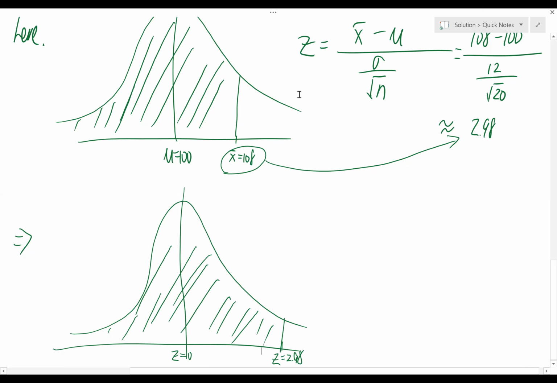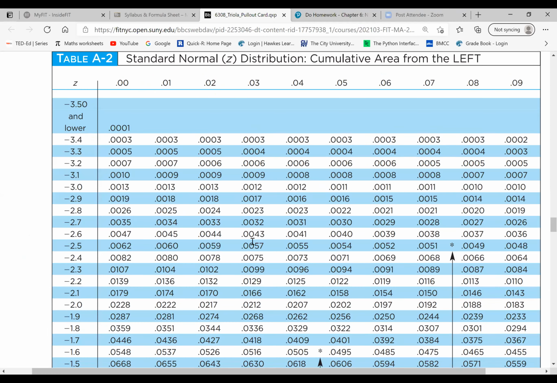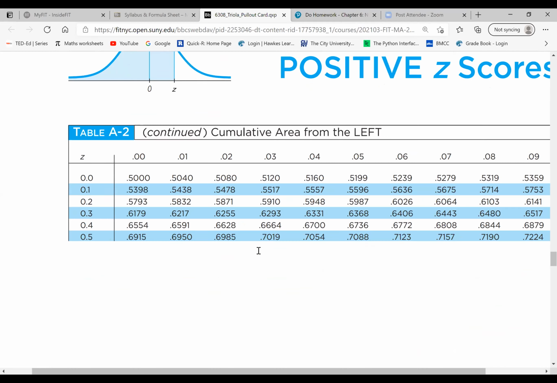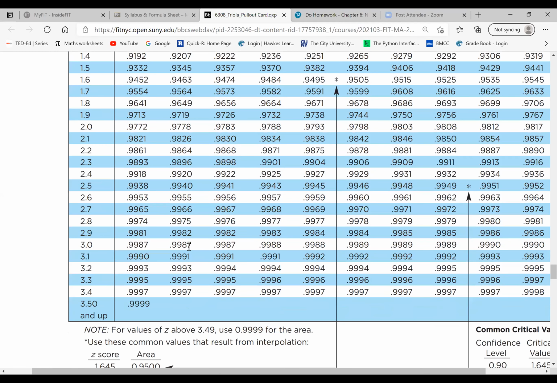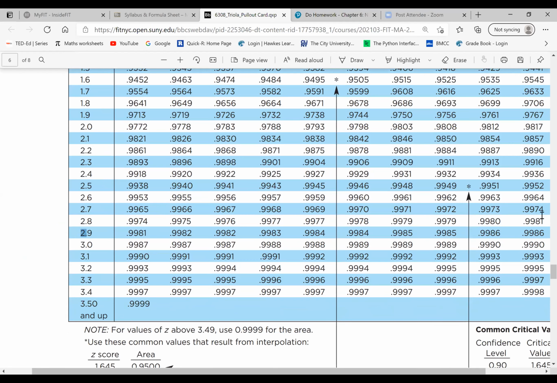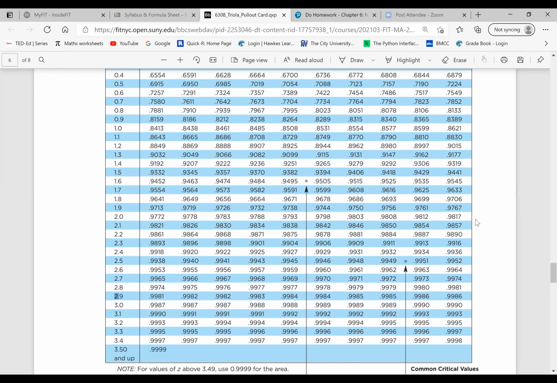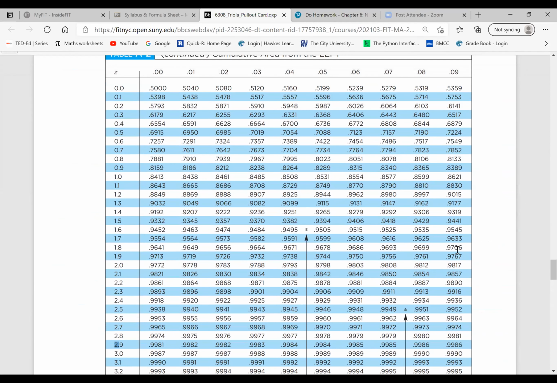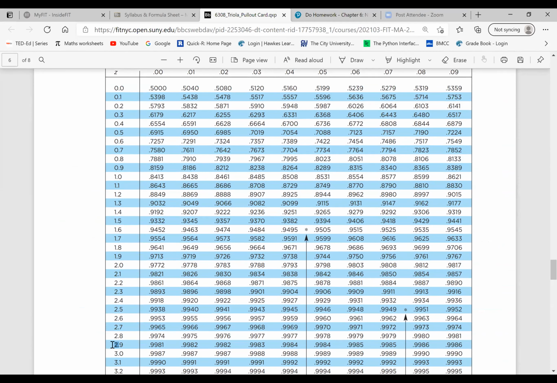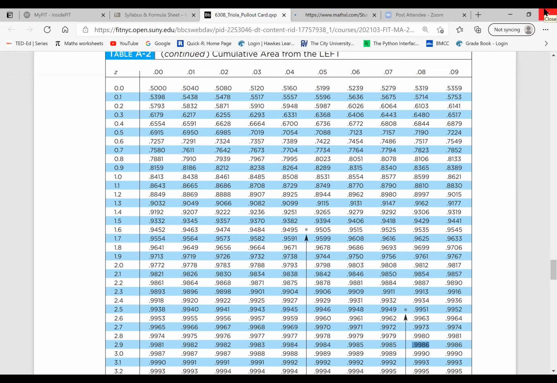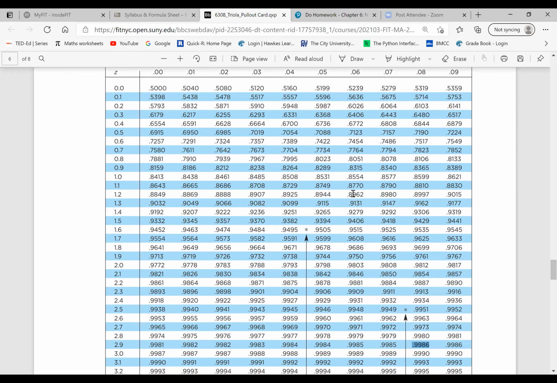So we go to table A2, 2.98, second page. 2.9 and 0.08 will have an intercept, and the intercept turned out to be 0.9986. So that's what we're looking for for 2.98. The corresponding probability is 0.9986.